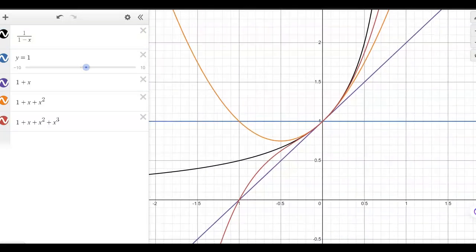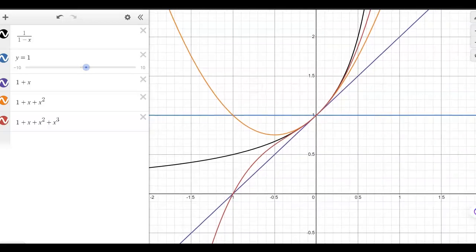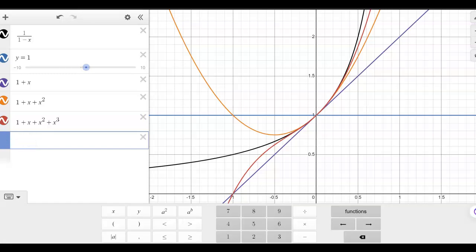We can come in a little bit because clearly we don't care about the rest of the graph. We're looking at what's happening right around when x equals 0. All right. You can kind of see here the red line is wrapping itself just a little bit closer to that black line than even the quadratic did. So that was a cubic.